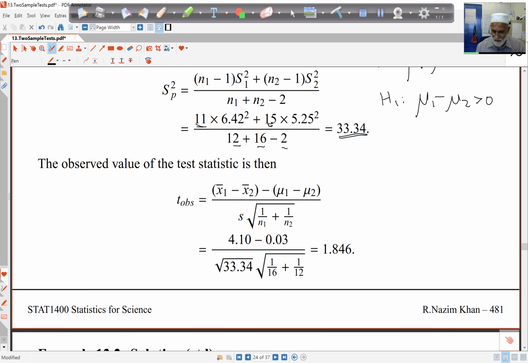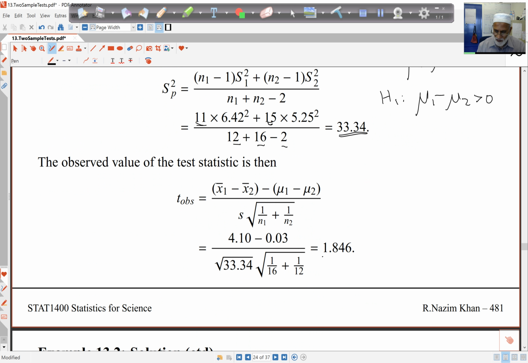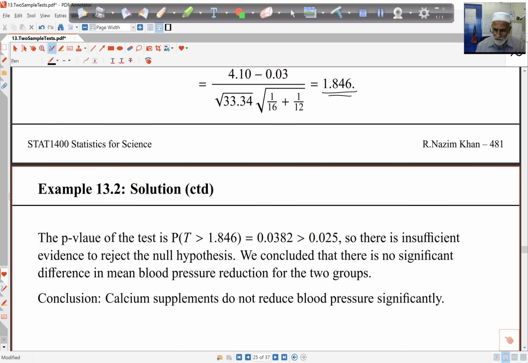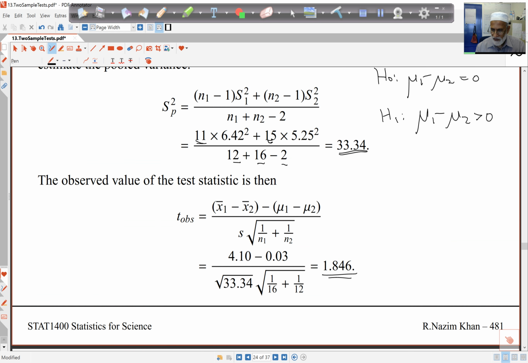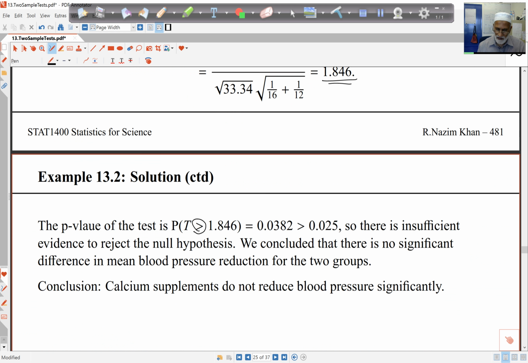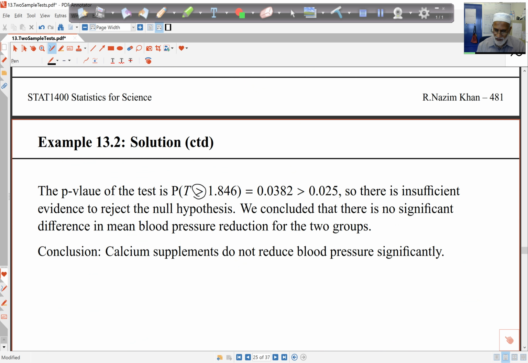My observed test statistic works out to be 1.846. For the p-value, note the direction is bigger than, and this comes from R to be 0.0382. It's a one-sided test, so my significance level is 0.025 by default. So there is insufficient evidence to reject H naught, and we conclude there is no difference. In other words, calcium does not lead to a significant reduction in blood pressure.